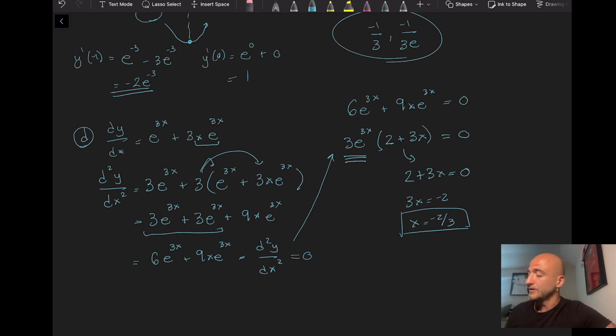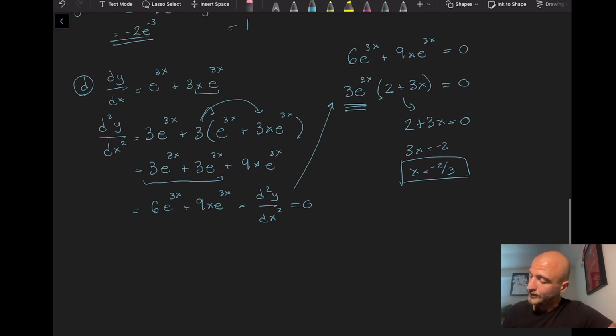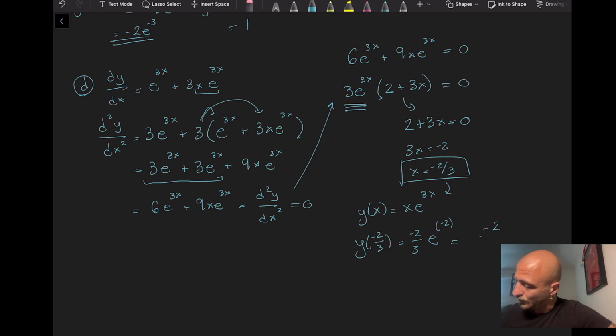Just like we did earlier, though, we need the full coordinates for this, so we're going to go back into our expression for y of x. y of x is equal to xe^(3x), and we're going to plug in negative 2/3. So y of negative 2/3 is equal to negative 2/3 times e to the negative 2, because 3 times negative 2/3 leaves me with a negative 2, which leaves me with negative 2 over 3e squared.